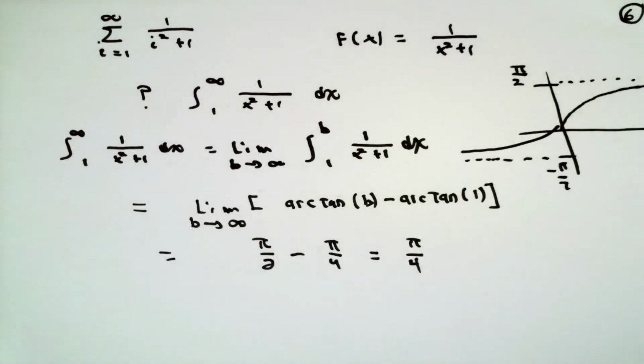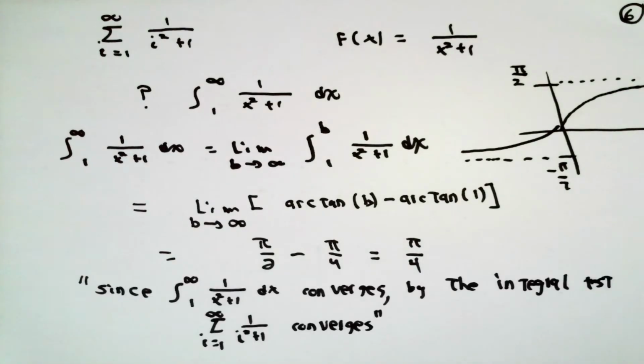If I want to be all picky and official about it, I'll write a sentence that looks like this. We had already checked that the hypotheses of the integral test were satisfied, so I don't need to say that again. I'll just say, since the improper integral converges by the integral test, we know that the infinite series converges, and then put a period at the end of the statement.